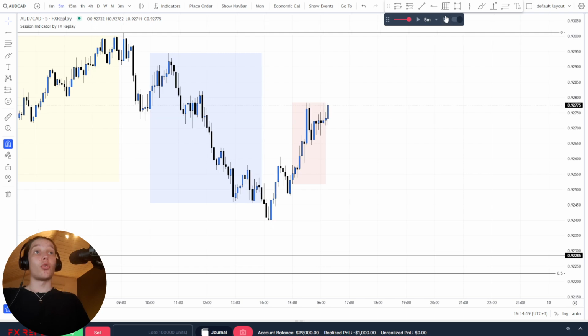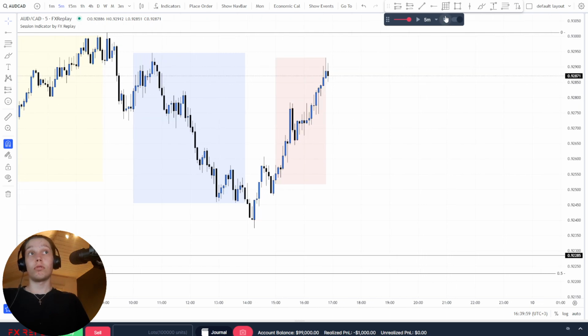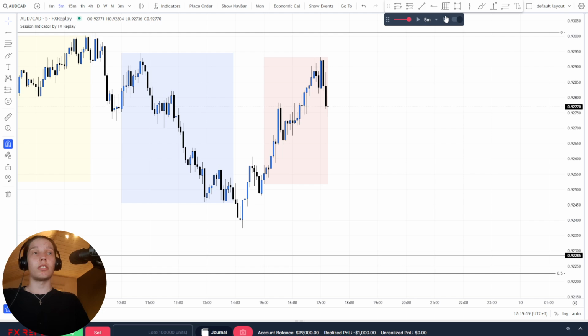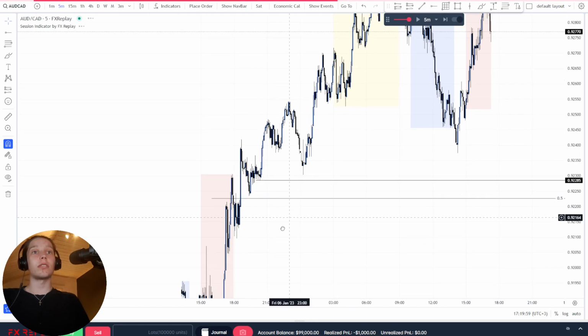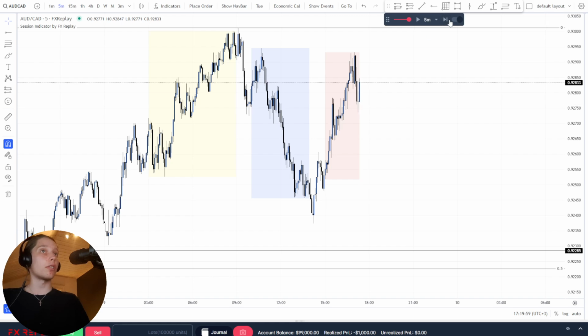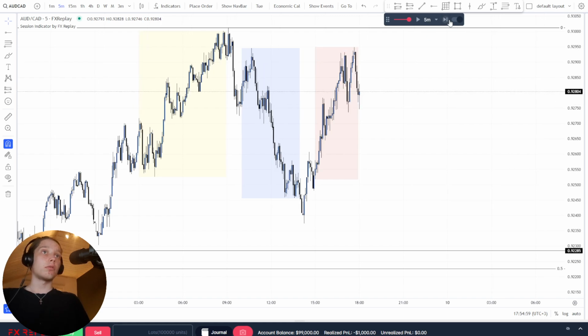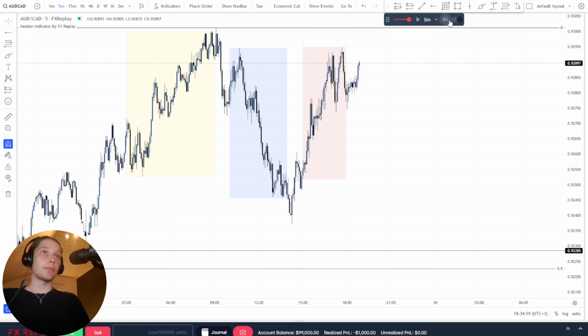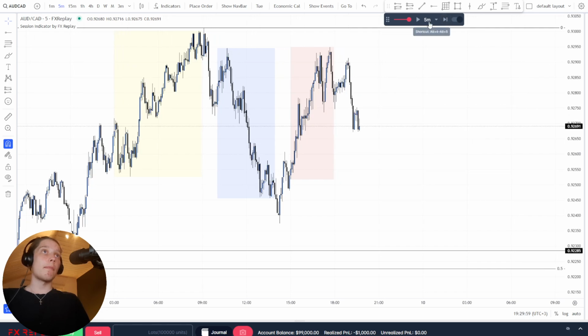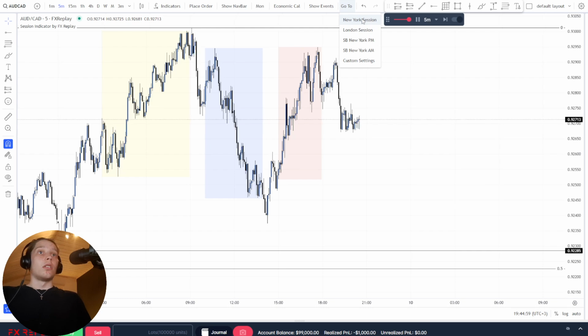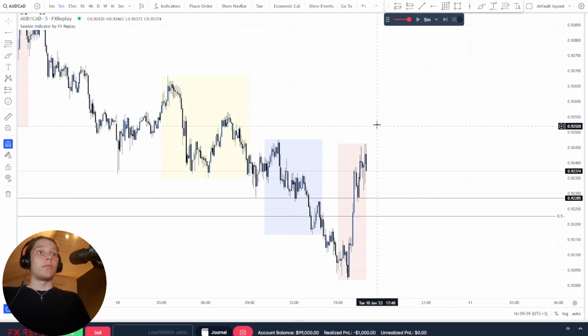Maybe we could short, who knows. Obviously that's not necessarily a good idea because we don't necessarily need to take that, but we cannot take longs either if we don't mitigate that area. Oh shit.